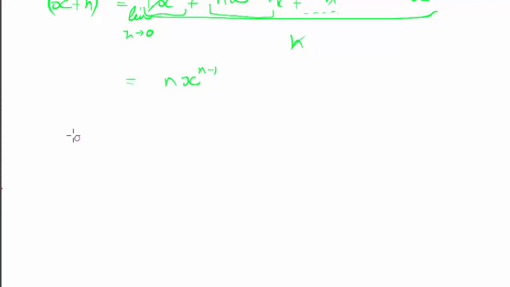And I did all this effort just to prove to you that if I have an expression x to the power of n, the derivative of that expression is the second term after the h was cancelled, which is n times x with one less exponent than it started with, n minus 1.